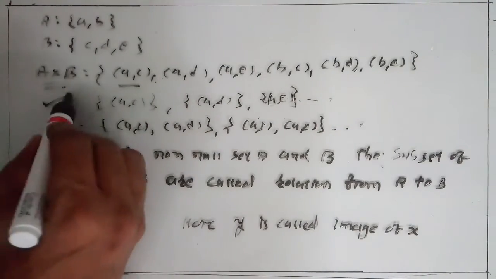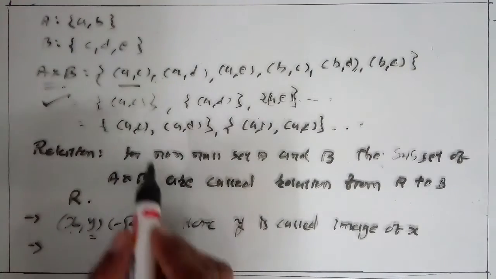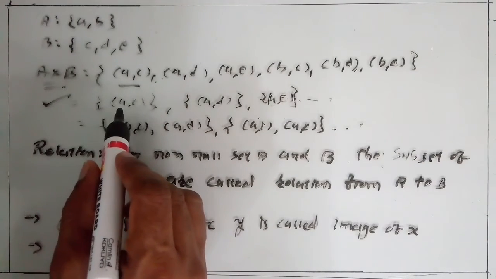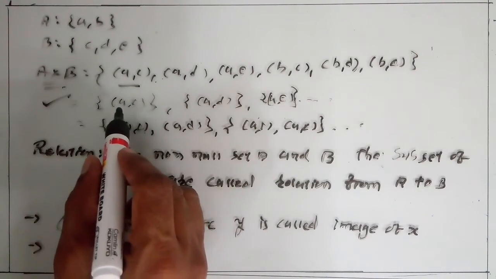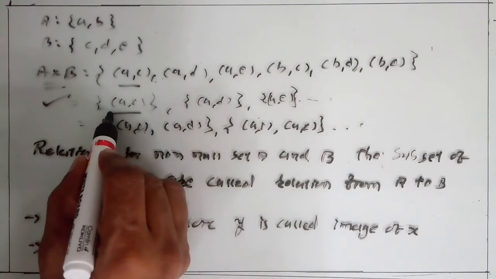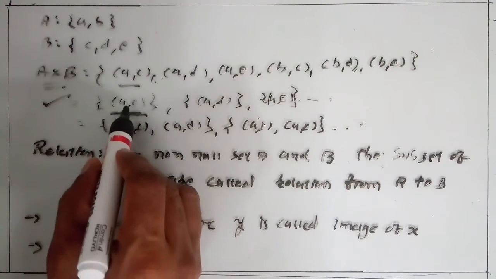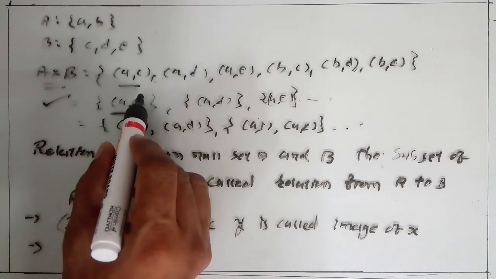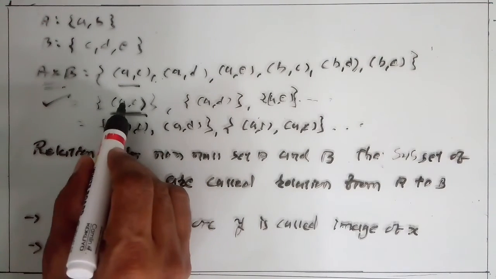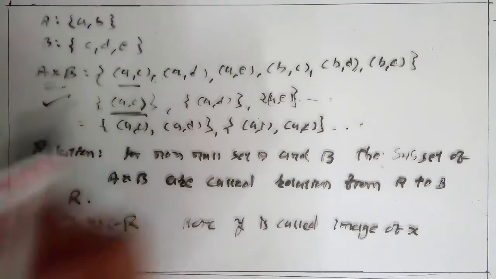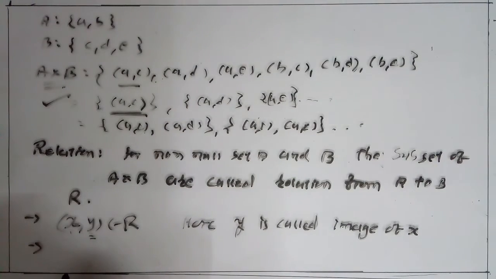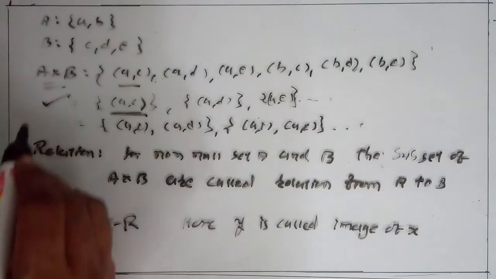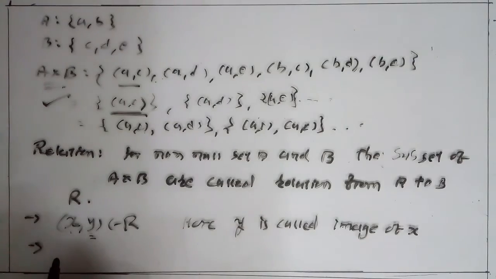Now for a relation, the set of all first elements of the ordered pairs becomes the domain of this relation.